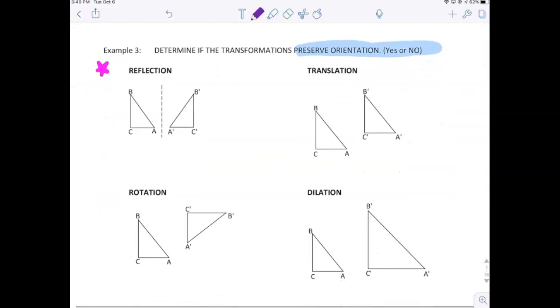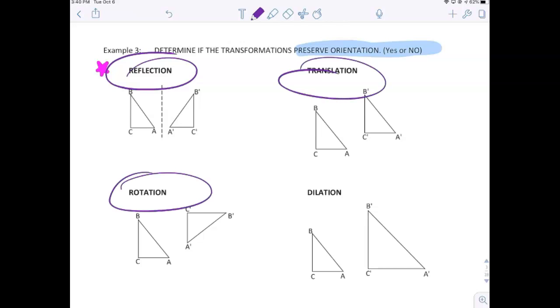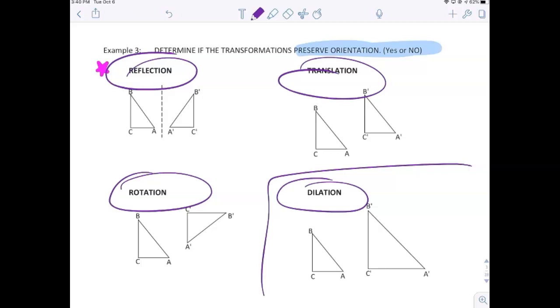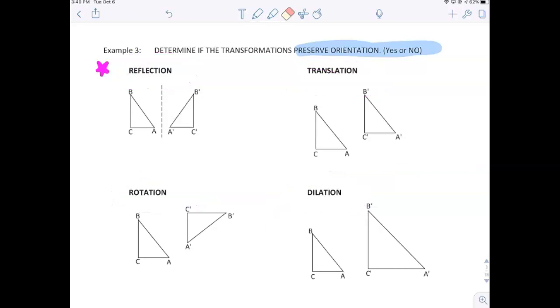So there are 4 transformations that you were introduced to in 8th grade. Reflections, translations, rotations, and even though we don't talk about it yet in this class, dilations. I'm going to start with translation for a minute.